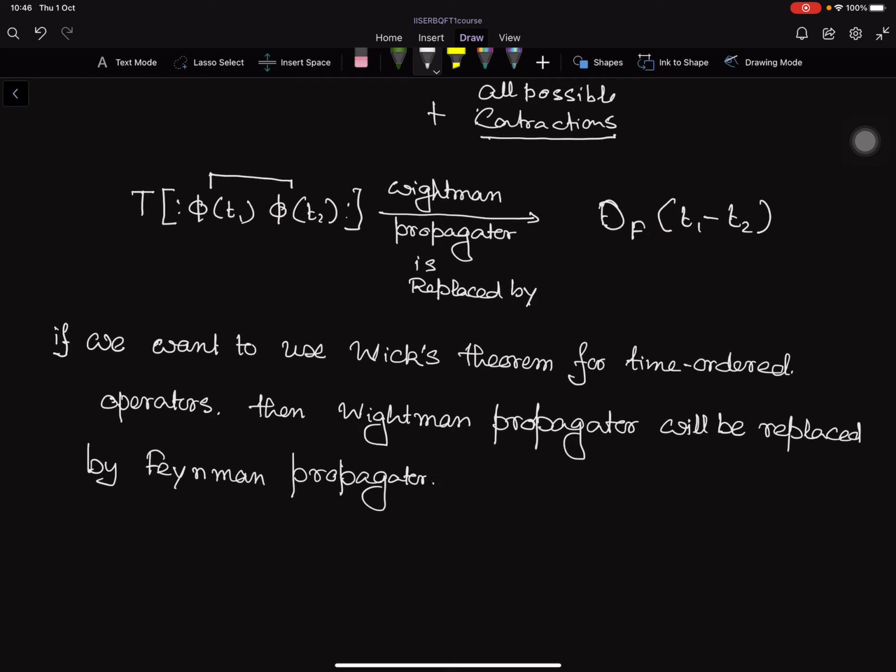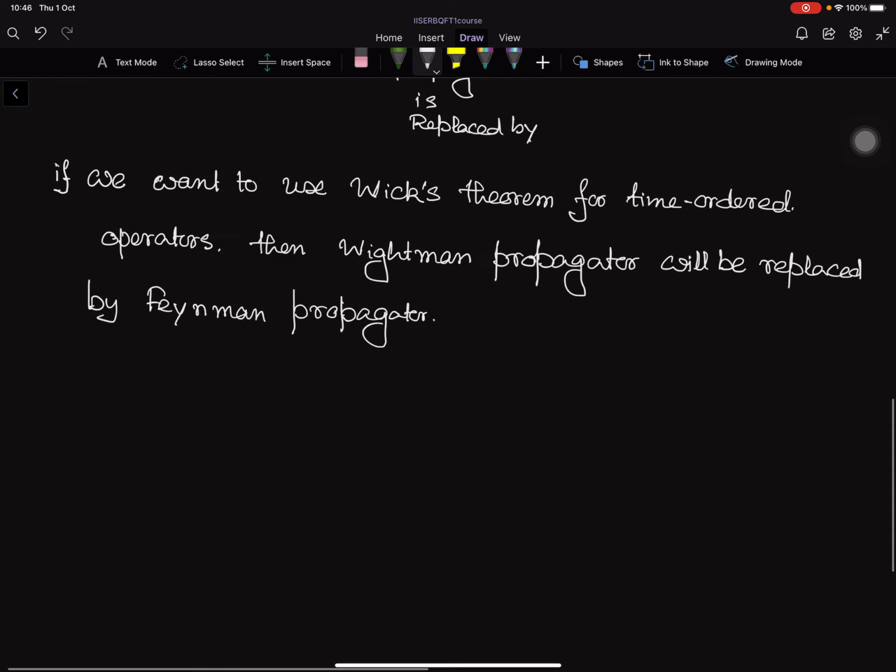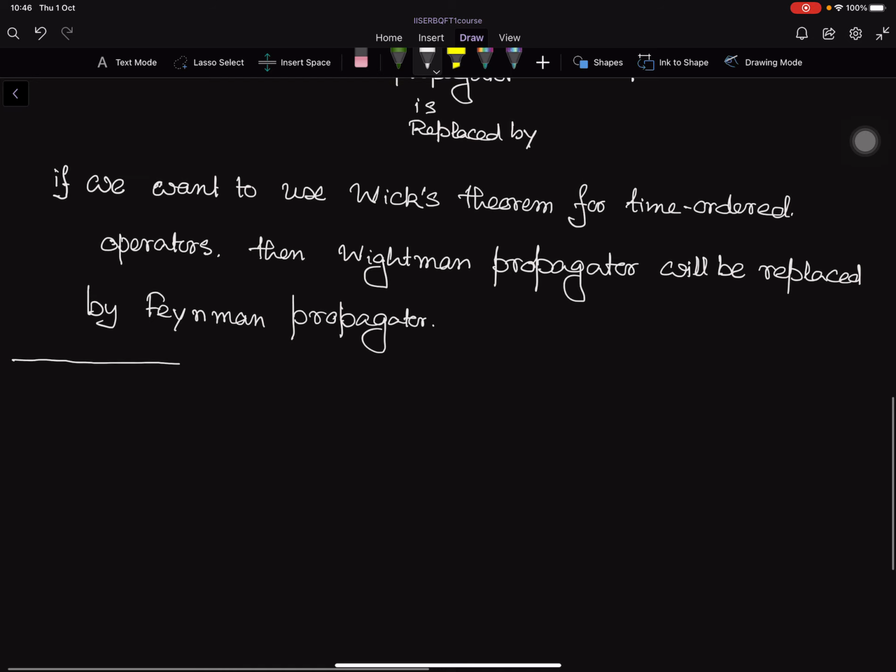Okay, so this is the only change. Other than that, it remains the same. Algebraically, the structure of the theorem suggests you have to replace the Wightman propagator by the Feynman propagator.